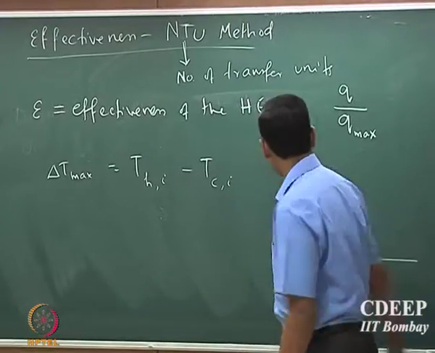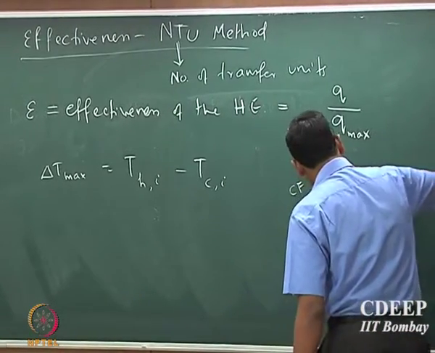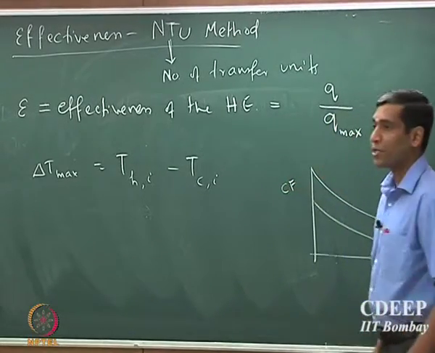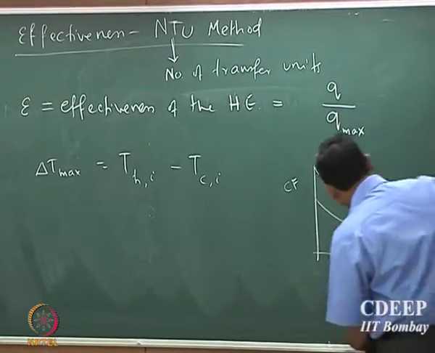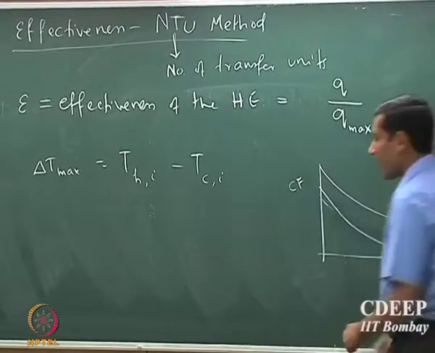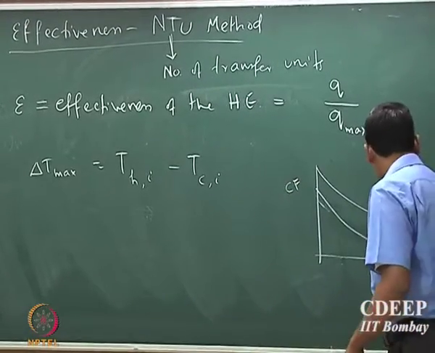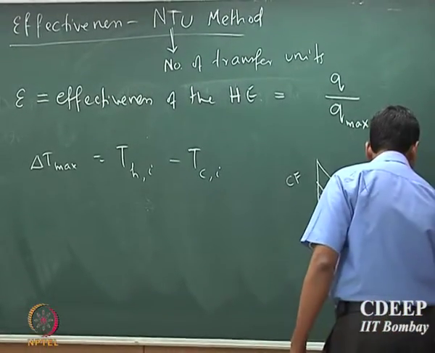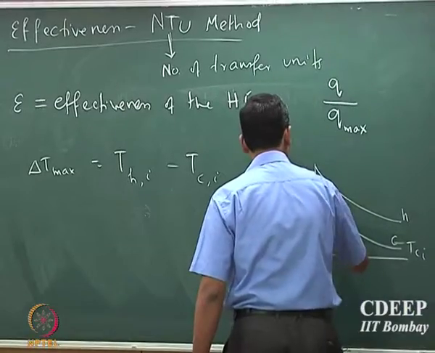We know that. Suppose I take a counter flow. So this is the temperature profile that you would get. It's not parallel. Let's say this is the temperature profile. Okay. So this is the hot stream and this is the cold stream. So TCI and TCO.